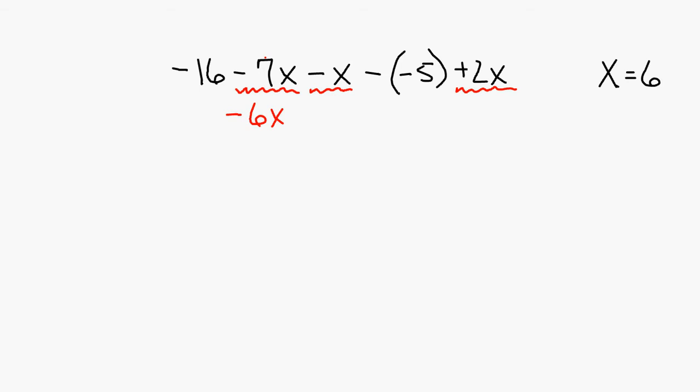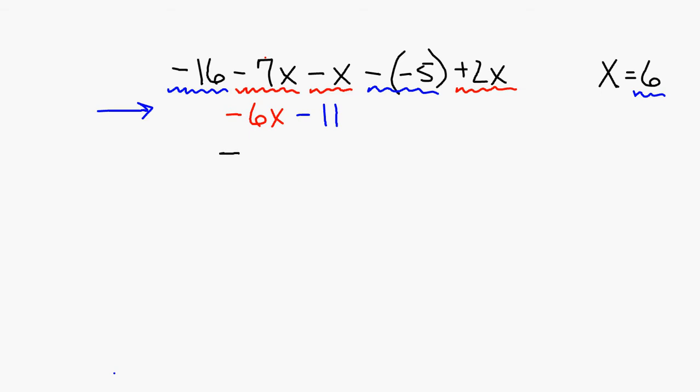Then you're going to combine all the regular numbers, which is a negative 16. Type in your calculator 16 negative minus 5 negative. And you get negative 11. So now you have simplified the original expression. The second step is to substitute. So where there's an x in your answer, you're going to replace it with a 6.